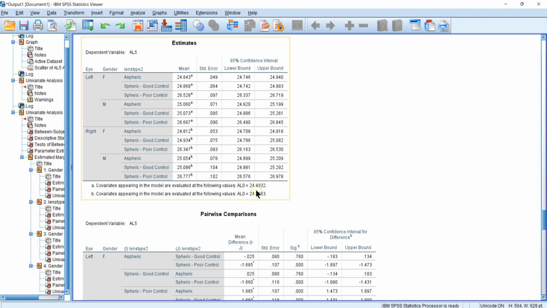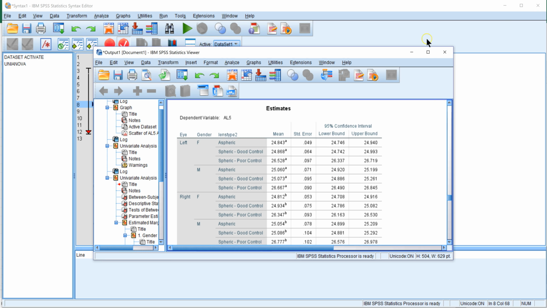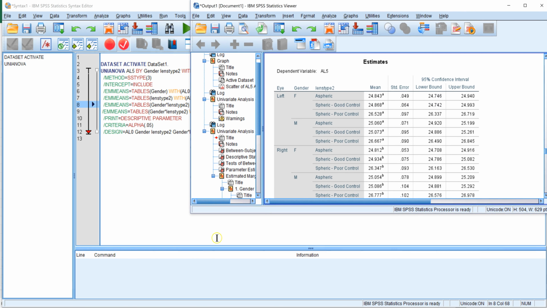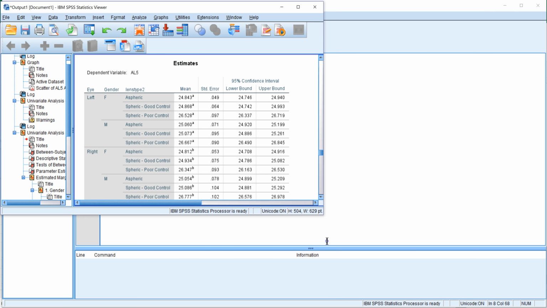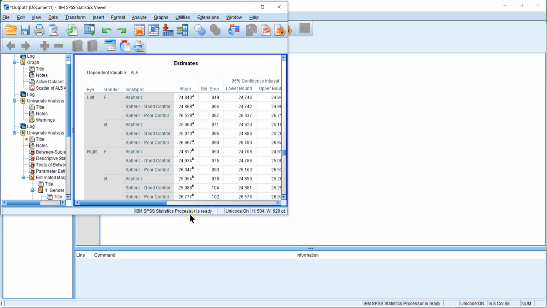Another thing that we need to look at is that in this particular estimated mean, it tells you what is the value of the covariate. The overall mean covariate is AL0 at 24.49. So it's a useful thing at this point to copy some information to Excel, just because we can use Excel for our calculator, and we'll do that.